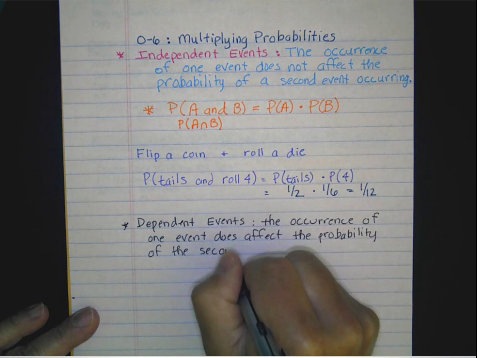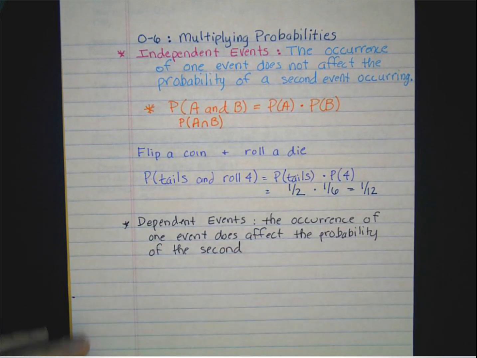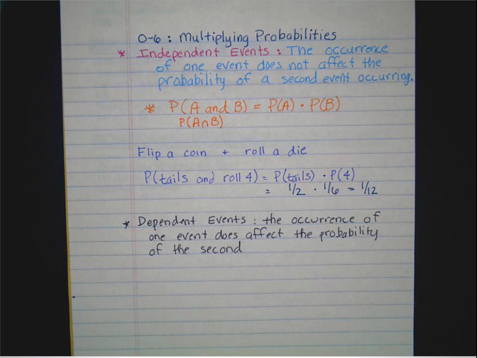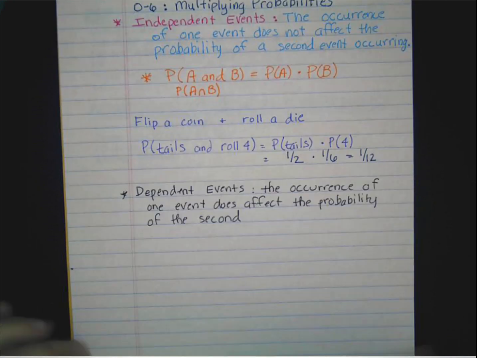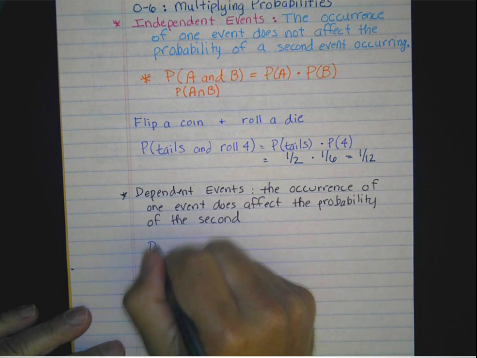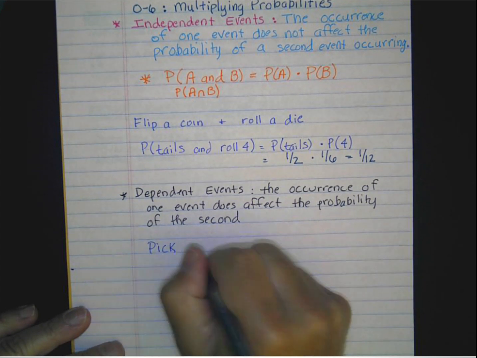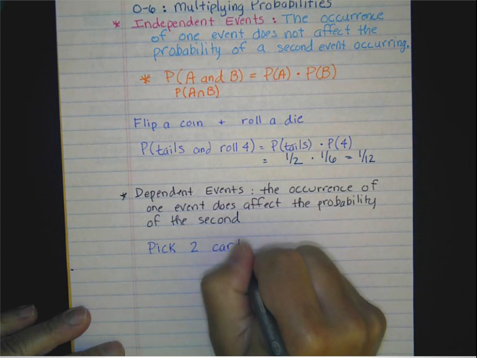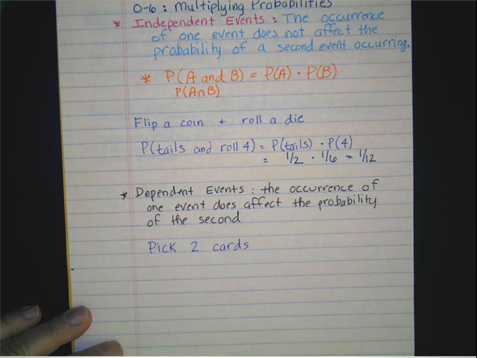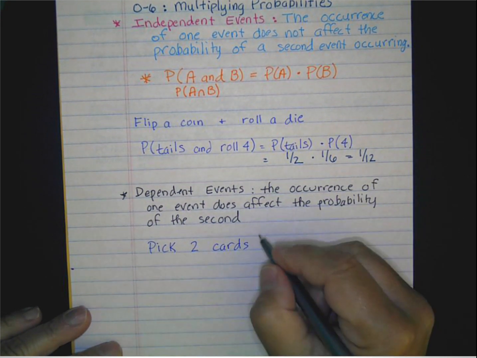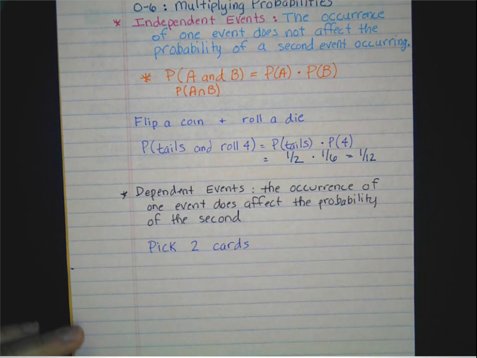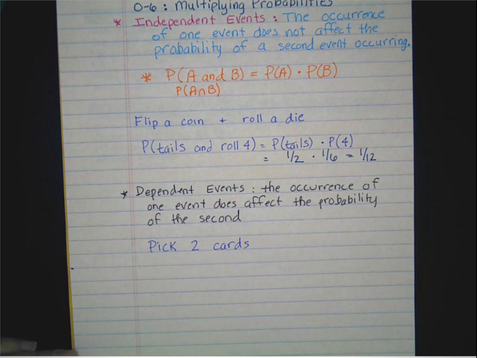Let me give you an example of that. Let's go back to our standard deck of cards. Let's say I'm going to pick 2 cards out of the deck, and we're not going to do a replacement. In other words, we're not going to put it back in the deck. I'm going to pick a card, hold it, pick another card.